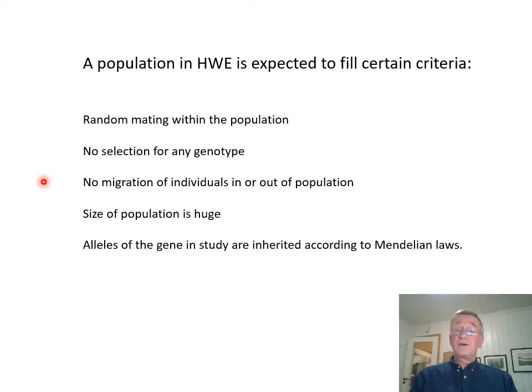There should be no migration, no import or export of individuals from the population, and the size of the population should be huge or infinite. It should be extremely huge, and the alleles of the gene we are studying should be inherited according to Mendelian laws.